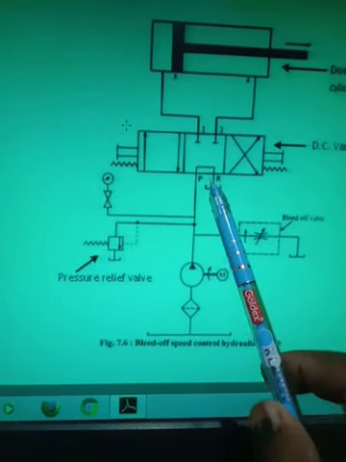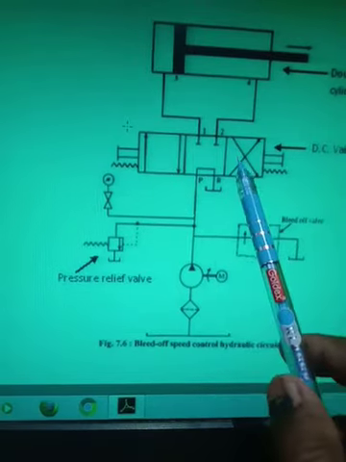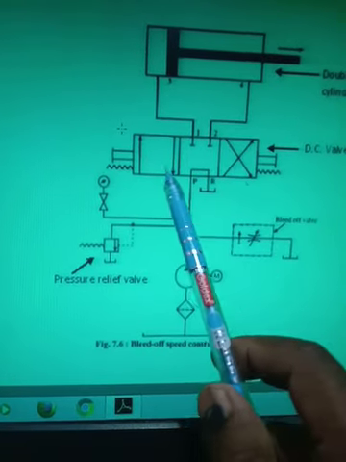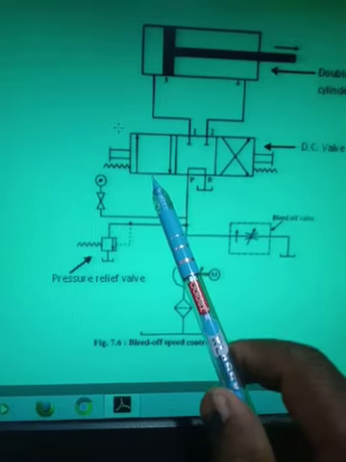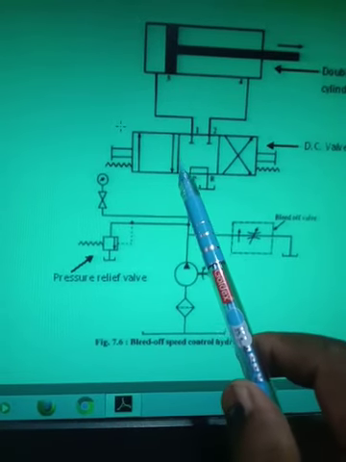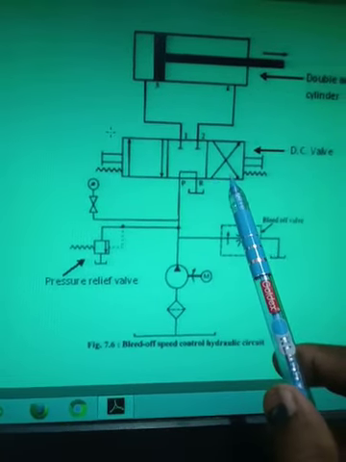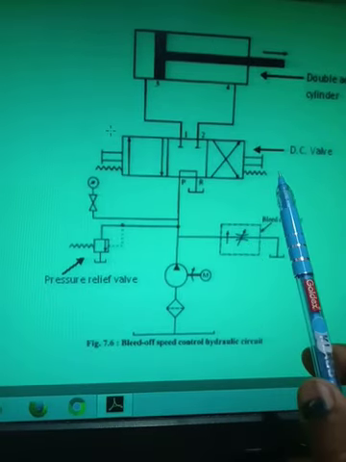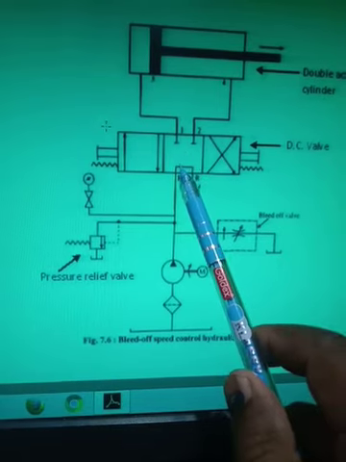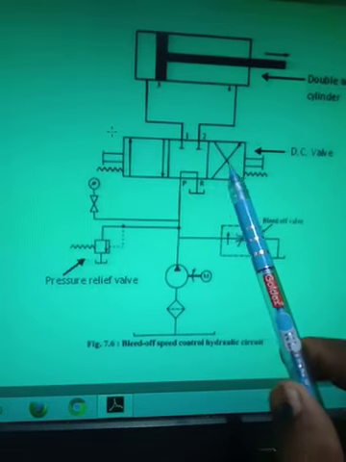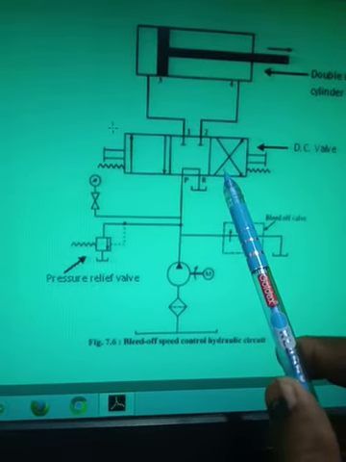Now here when I move forward, what is this? 1, 2, 3 boxes. It means it is a 4/3 direction control valve. So there are three positions. This is position number 1, this is the central position, as you know, and this is the third position of the direction control valve.